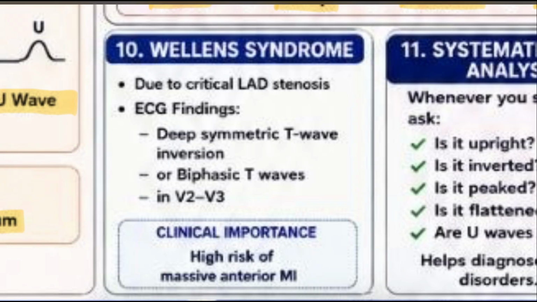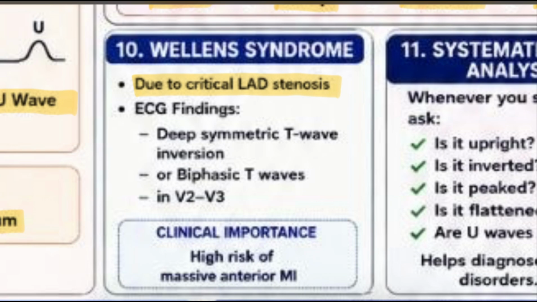Very important from the USMLE point of view. It occurs due to critical LAD stenosis, meaning left anterior descending coronary artery stenosis. If a patient has stenosis in that artery, we call that Wellens syndrome.